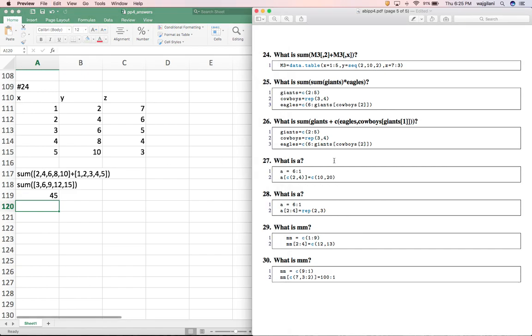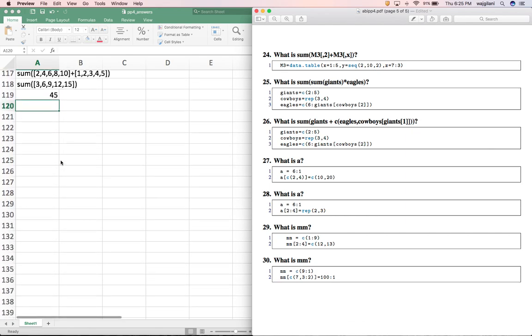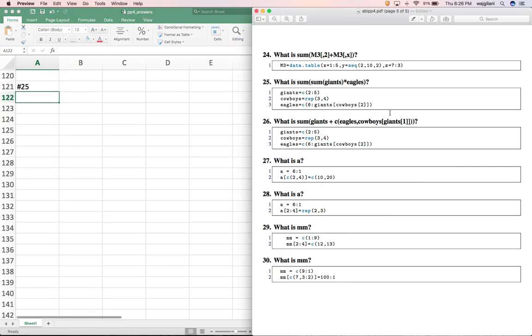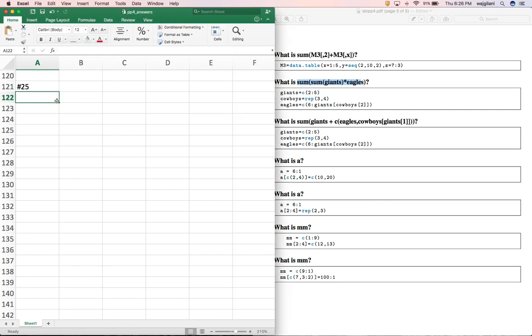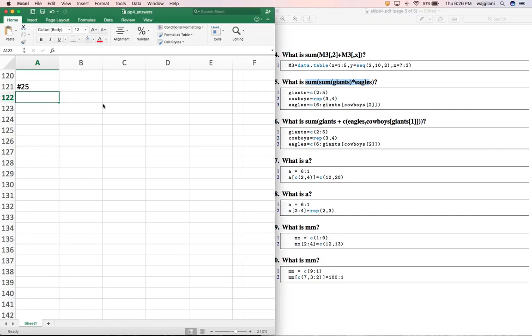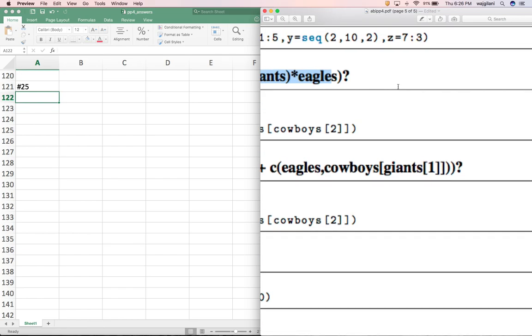Number 25. Ah, yes, 25. I like 25. 25 is great for strengthening your basics. All right. So I give you 3 vectors right here, and I ask you then, what is the sum? What is this computation of these vectors going to give you? All right. So let's start off with what is giants.